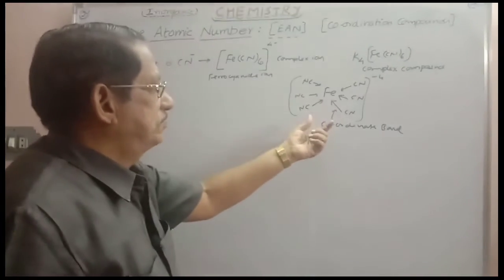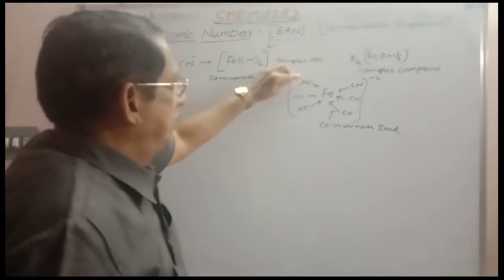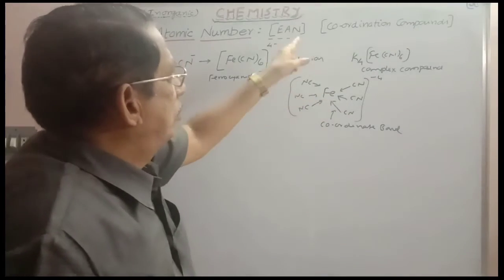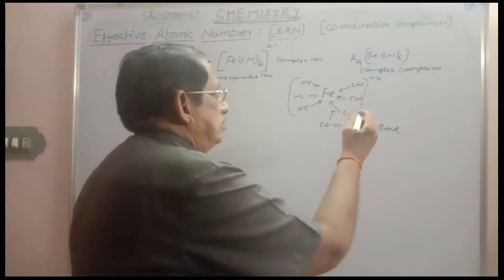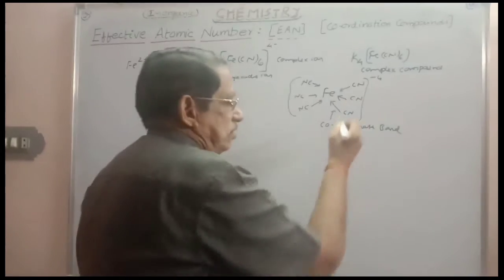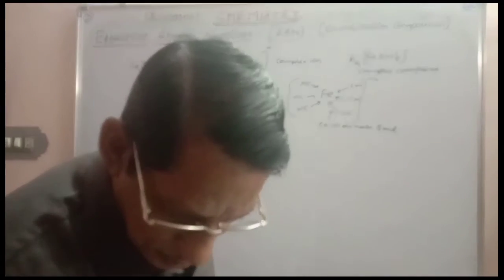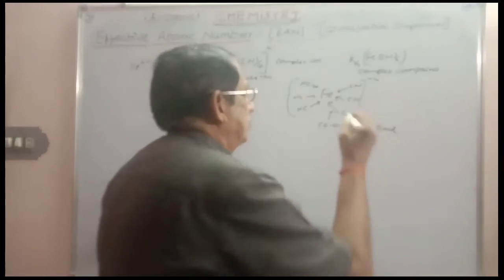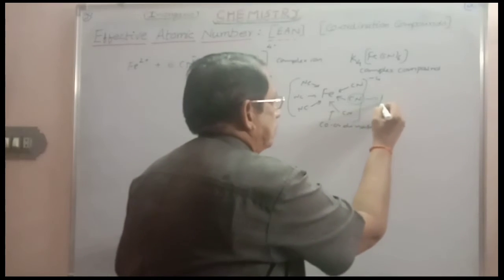As coordinate bonds are formed between the metal ion and the anion, these are called coordination compounds, right? Whatever ions are present surrounding the metal ion in the complex ion, these are called ligands.